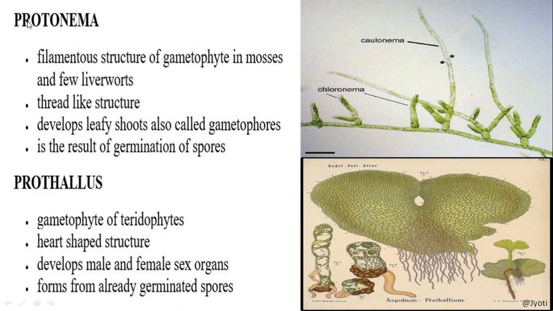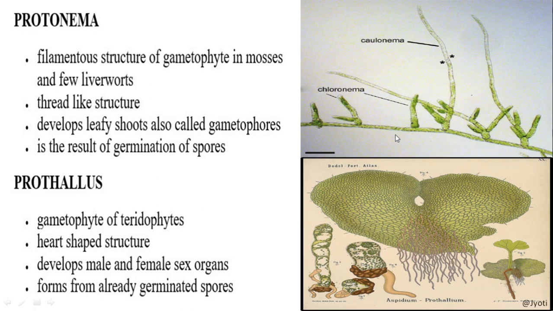Now this is the most important question that often comes in your exam. The difference between protonema and prothallus. With the help of diagram I have shown you, and I think your concept regarding protonema and prothallus will be very much clear from this. So what is protonema?